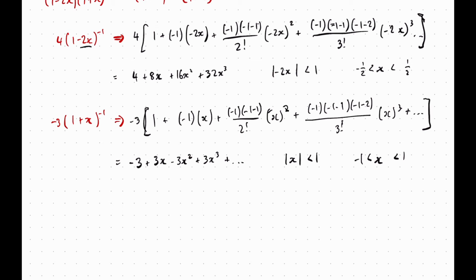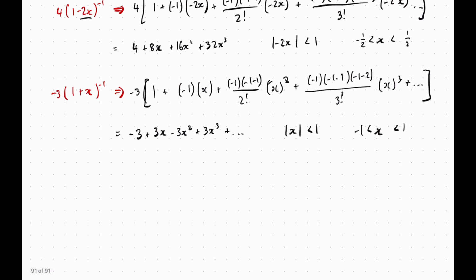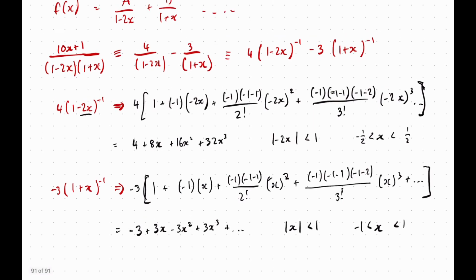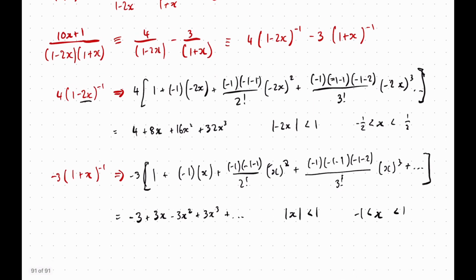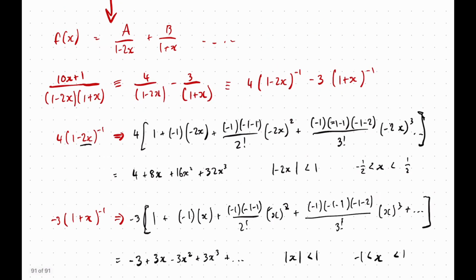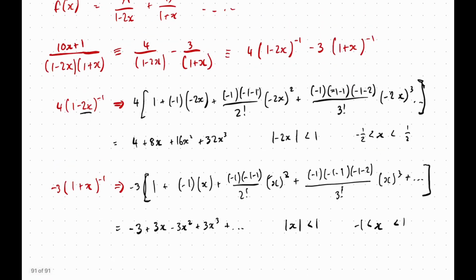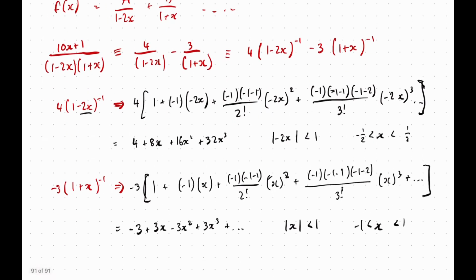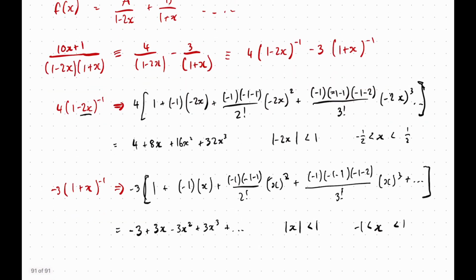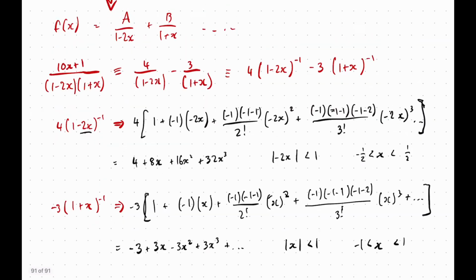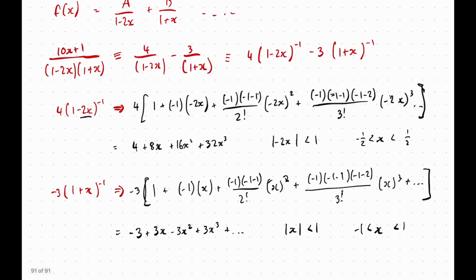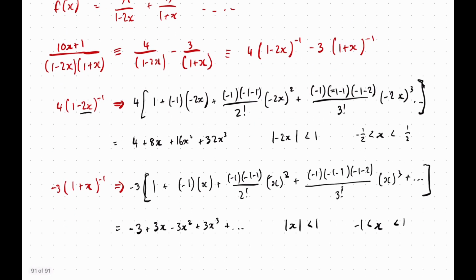Okay, so I've got these two. Now it's just about combining them. What's in between them? Well, it was a minus, but I've already done the minus expansion, so I don't need to worry about that. Now I can just add this value to this value. So I would just do this as 4 plus negative 3, plus 8x plus 3x.